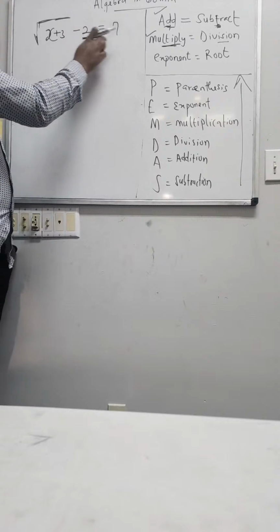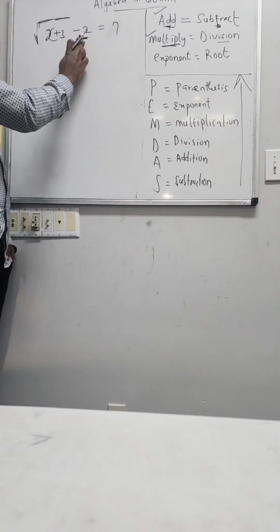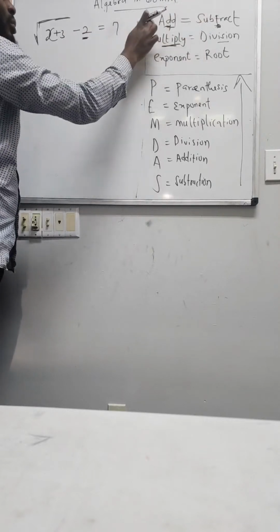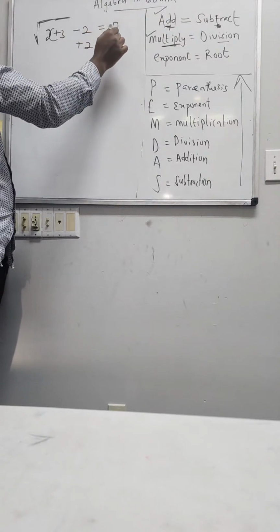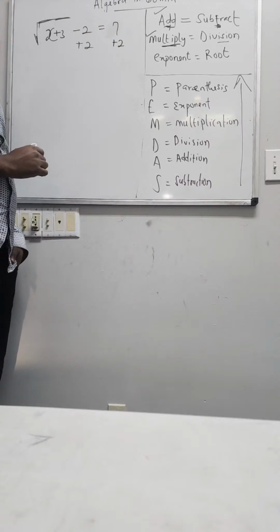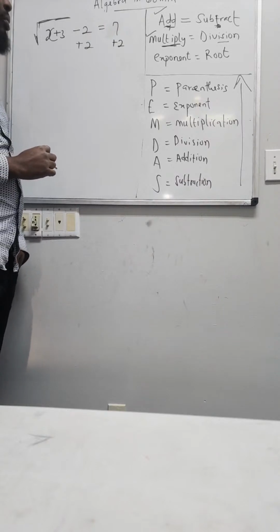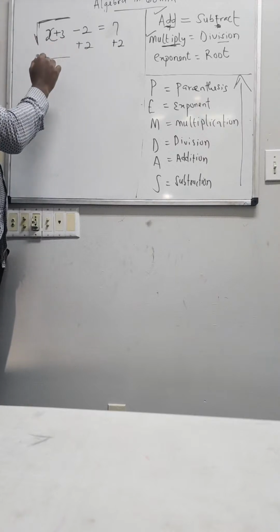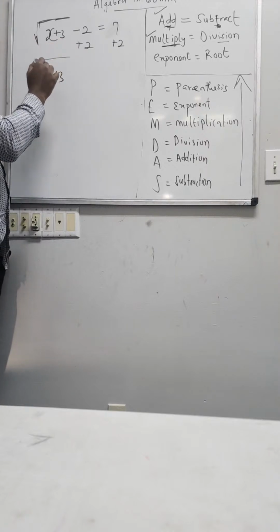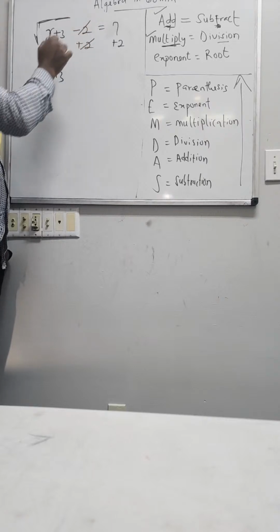Now, you need to get rid of this, and to do that, here we have the negative, so we're changing this to positive. Add 2 to both sides. If you add 2 to both sides, then we have x plus 3 minus 2 plus 2 cancelled out.